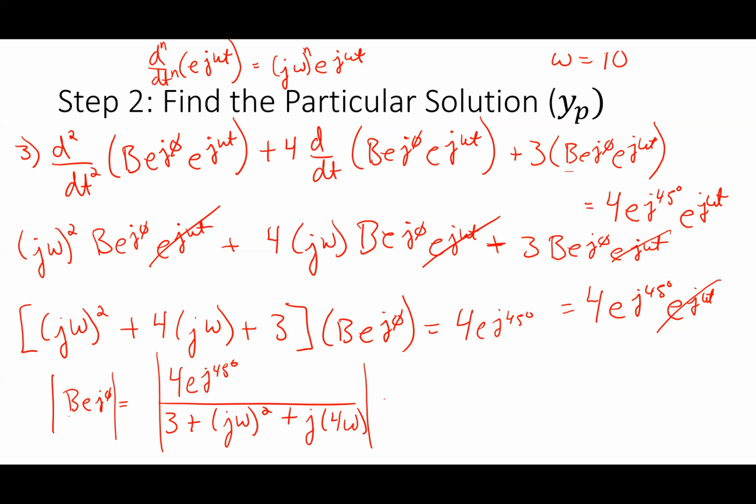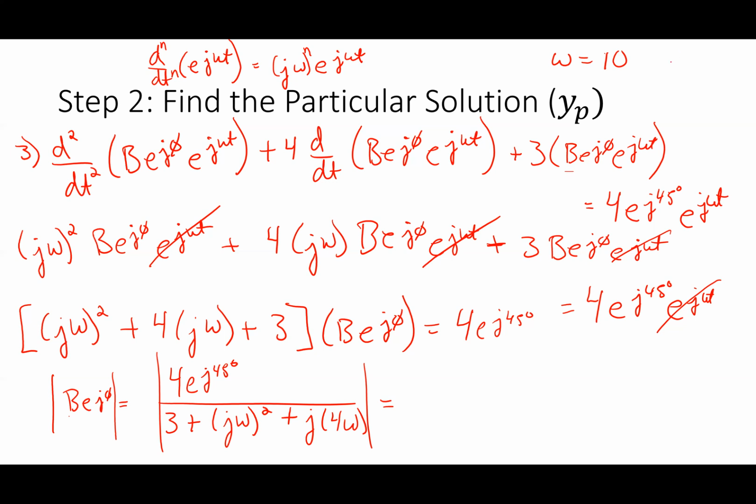So how does that relate to the term here, 4 e to the j 45? I basically have the number 4 with an angle of 45 degrees. What's the magnitude of 4 with an angle of 45 degrees? 4. What's the magnitude of the bottom? If I have a complex number divided by another complex number, and I take the magnitude of that, what's the magnitude of one complex number divided by another?